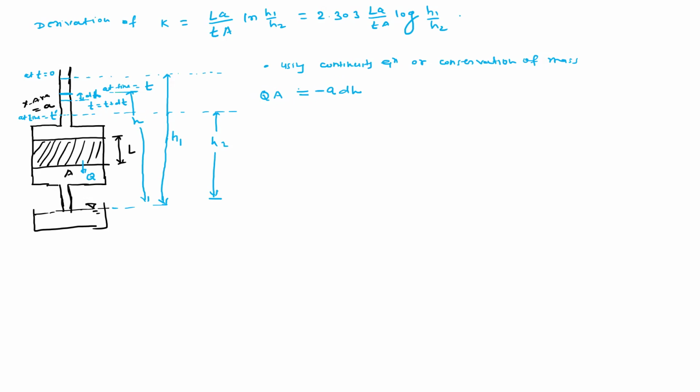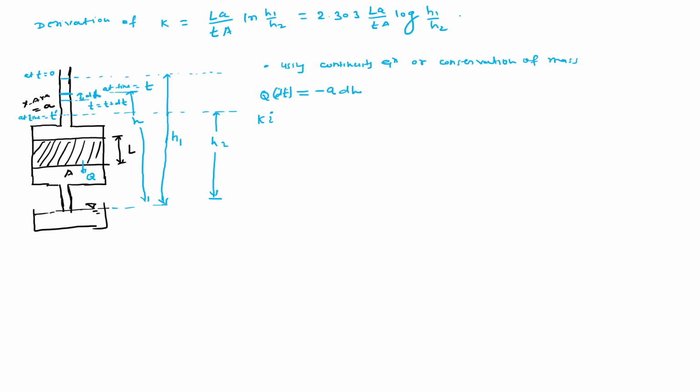So this is a positive quantity and dh will be a negative quantity, so you have to make it positive by multiplying with an extra minus sign. And you know that q is equal to k into i. Actually this is not q into a, this is q into t. I'm very sorry. This is q into dt.